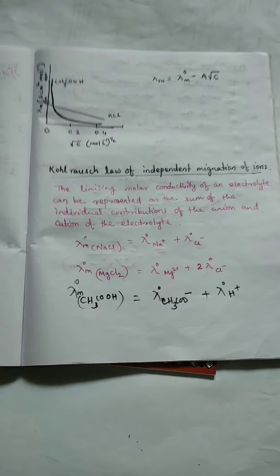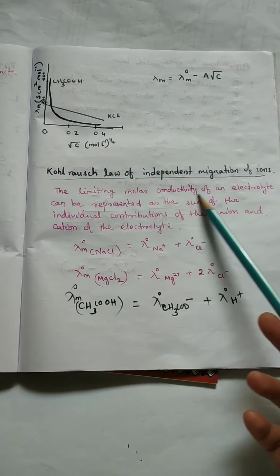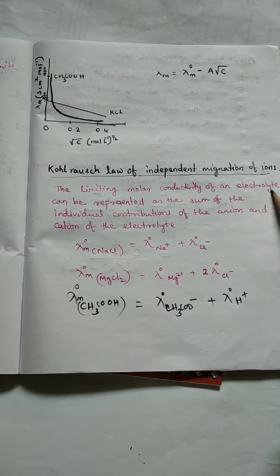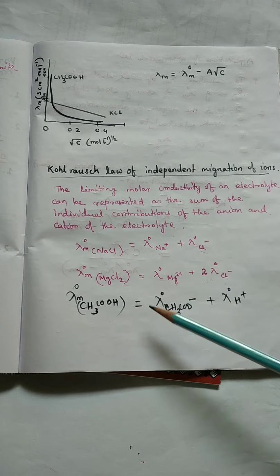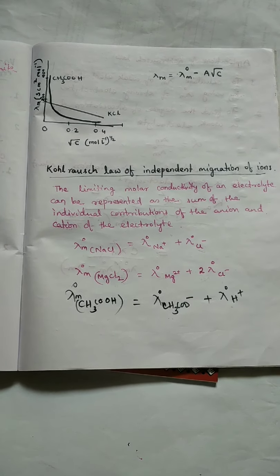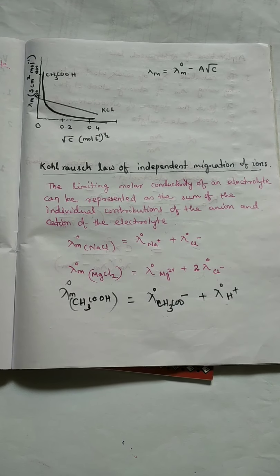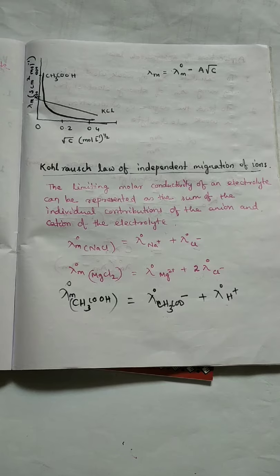We know it's a weak acid and weak electrolyte. The limiting molar conductivity of the electrolyte can be represented as the sum of the individual contributions of the anions and cations of the electrolyte. Next, we will see the applications of Kohlrausch's law.